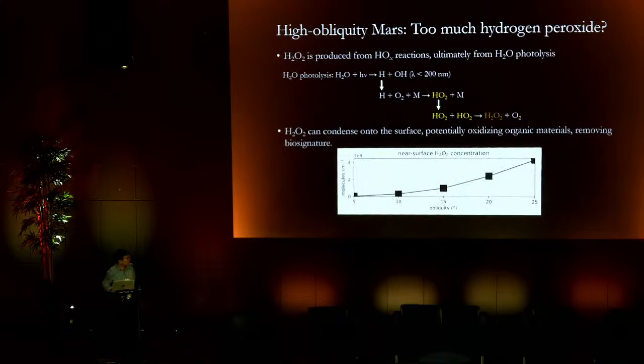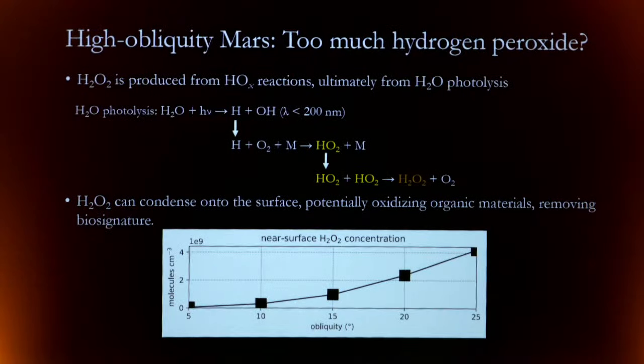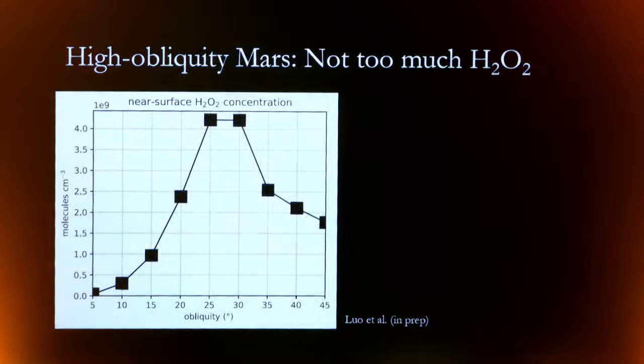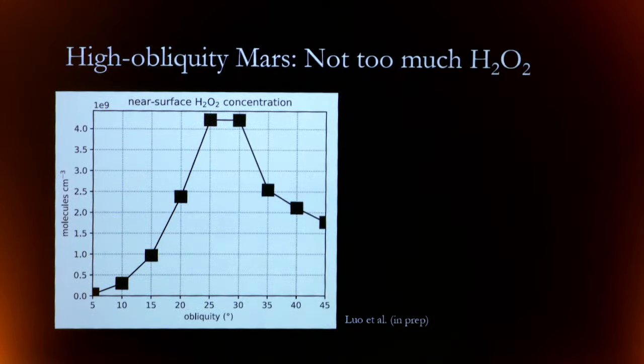And if we change obliquity from 5 to 25 degrees, we can surely see an increase in the hydrogen peroxide concentration. However, we find that at high obliquity, something is suppressing the hydrogen peroxide concentration. We don't see a very high concentration of hydrogen peroxide at high obliquity.